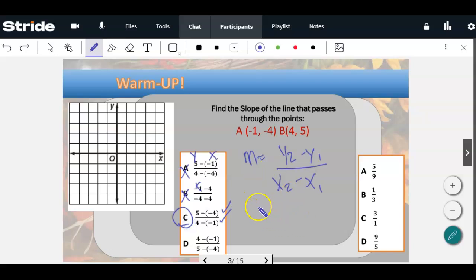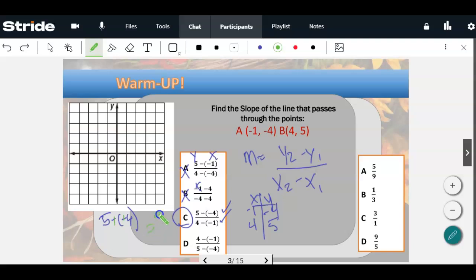You can also do a table, remember, and look at that rate of change. Either way, it's still going to give you the change in y over the change in x. So when we do the math, 5 minus -4, you can put it into your calculator, but by rules of integers, this changes to plus, positive.